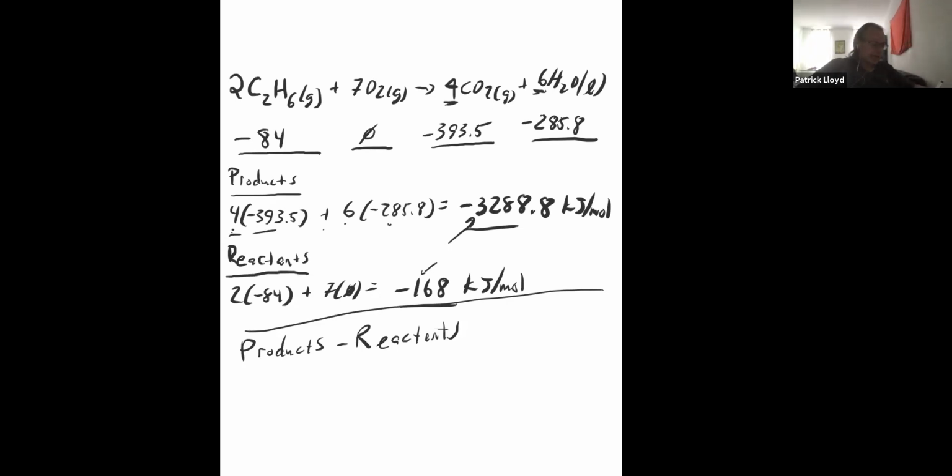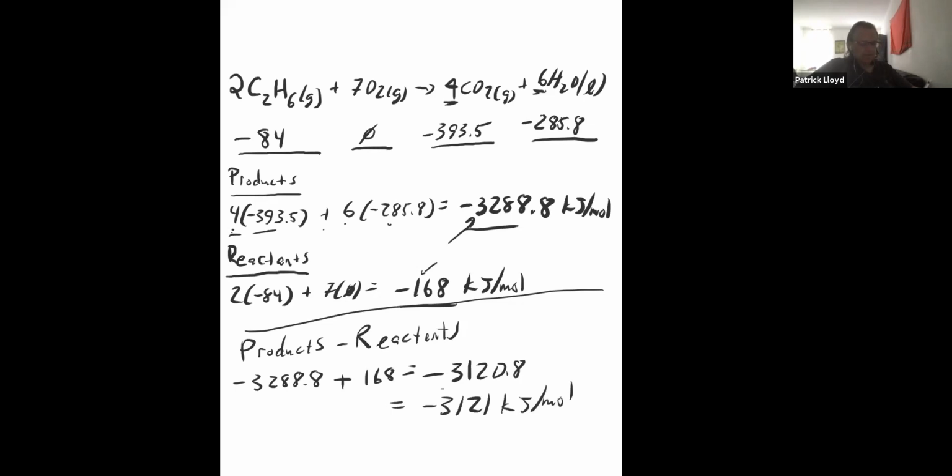So this would be negative 3288.8 minus a minus, which is plus 168. So negative 3288.8 plus 168, and you get negative 3120.8, but that's easy to round. So negative 3121 kilojoules per mole. Okay, and there you go. And that's how you do it.